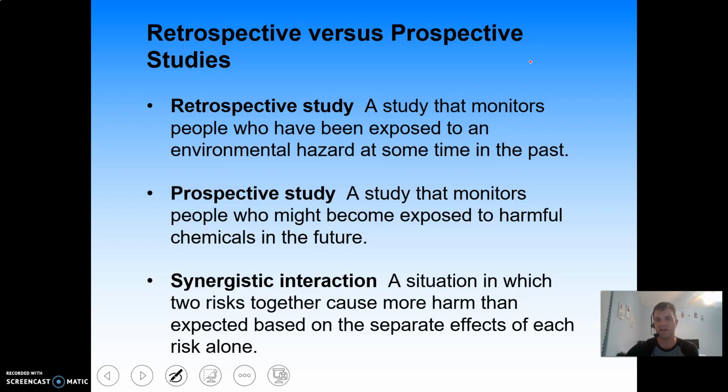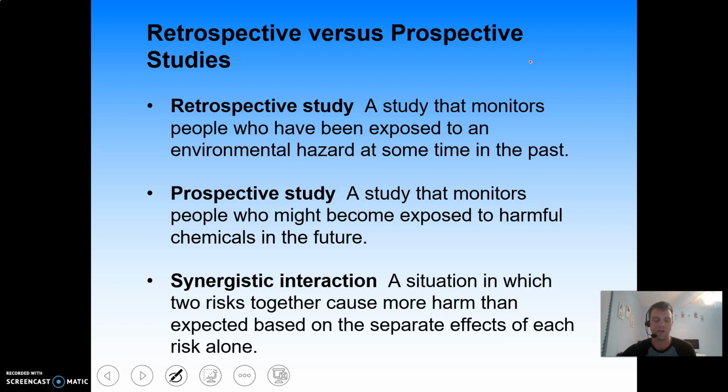Now, a prospective study is going to be a little bit different. It's going to be looking at people who may be living in an area that we don't know if it's harmful or not. Maybe it'd be like some different areas around Chernobyl, or places that have had some kind of environmental disaster, or maybe there's mining nearby.